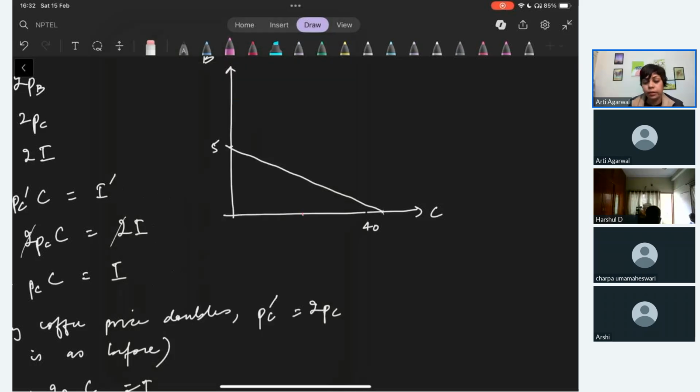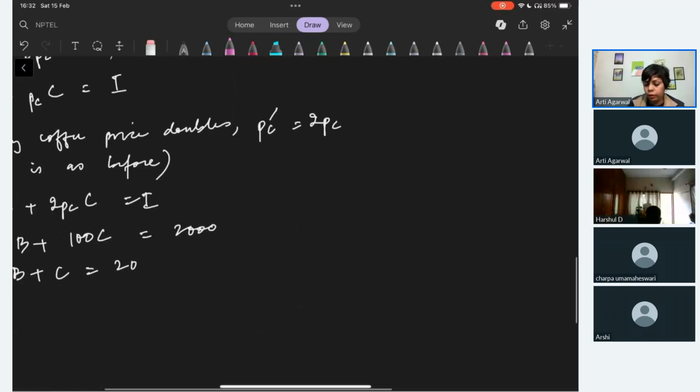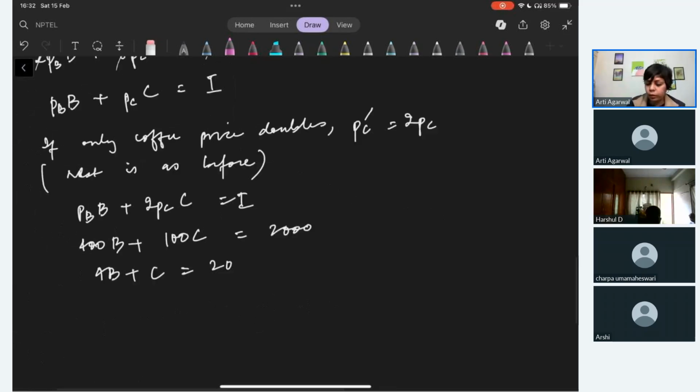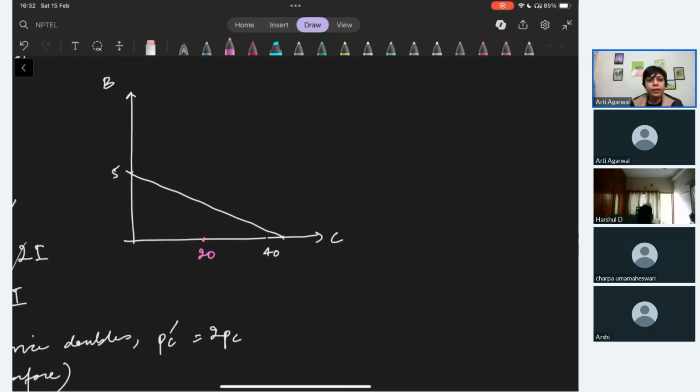This is where 20 is. In this equation, if you plug in B equal to 0, you get C equal to 20. So the intercept is much lesser on the C axis, and the new budget line is going to be this pink line, not the original line.